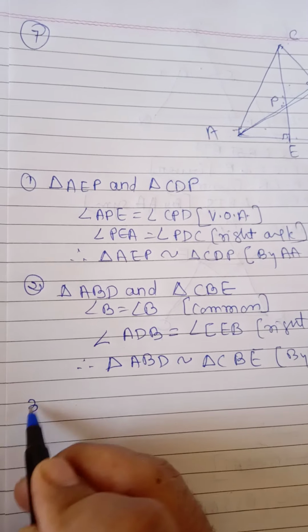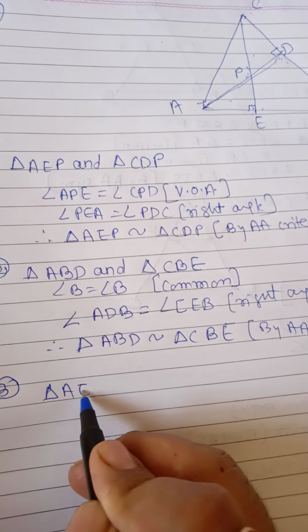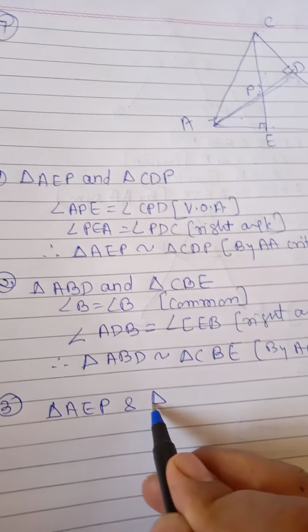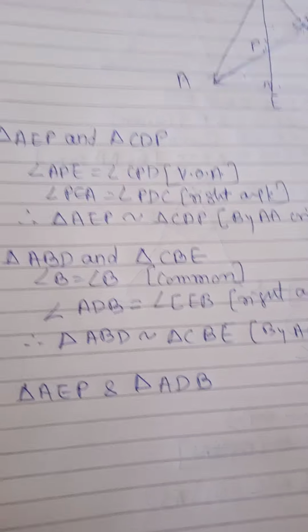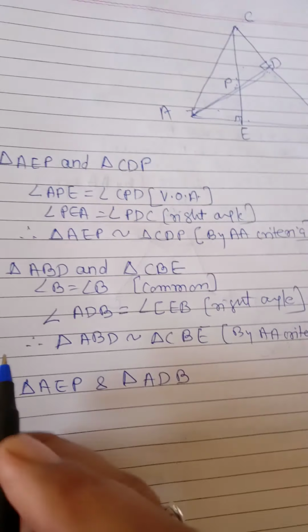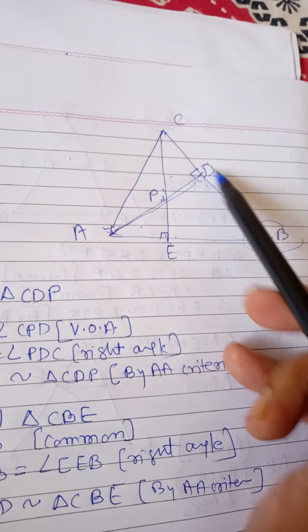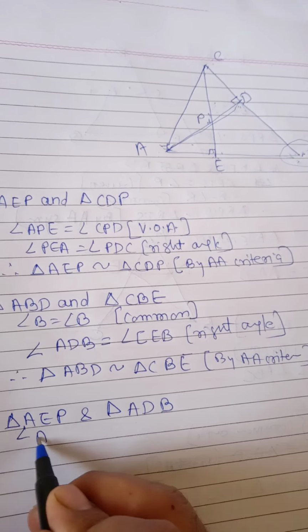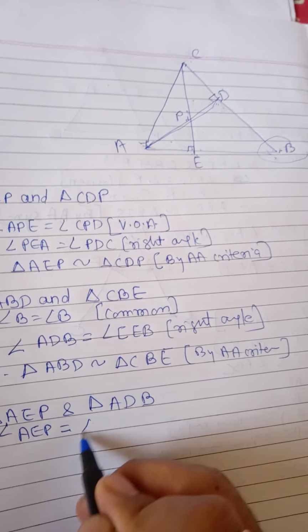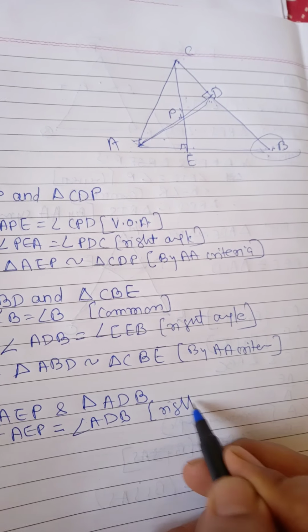Now the third one is triangle AEP and triangle ADB. AEP and ADB. Now can you see AEP and ADB? First of all, I will write a right angle. Angle AEP is equal to angle ADB. It is right angle.